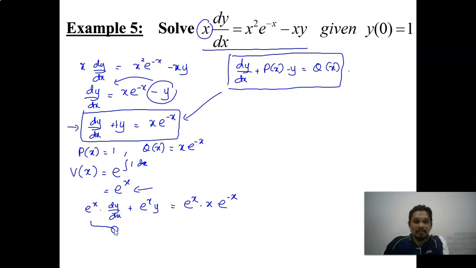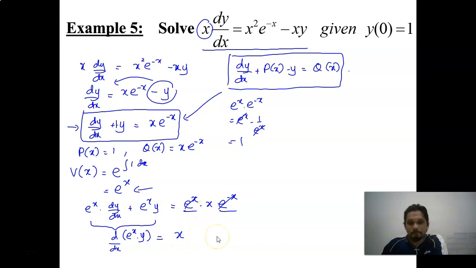Okay, and this one here now we simplify as d with respect to x of the multiplication of the integrating factor e^x with y. And look at this one here now, e power of x and e power of negative x. E power of x times e power of negative x, where e power of negative x is 1 over e^x, equals 1. So between these two, only x is left here. Get it? Okay.